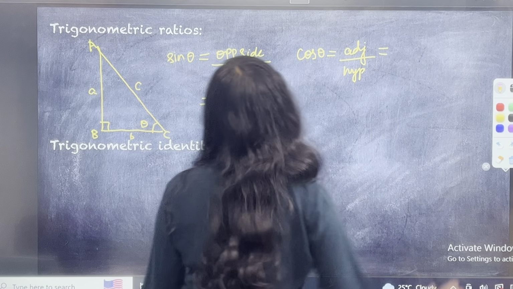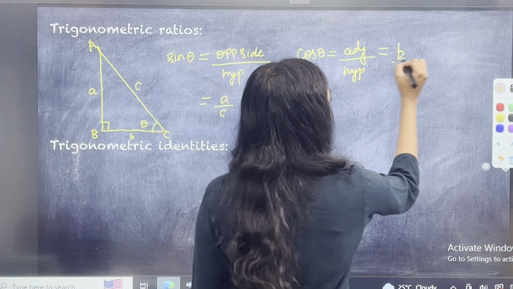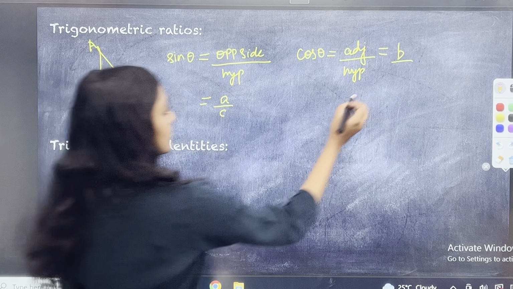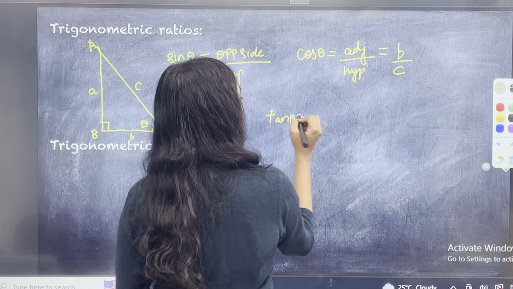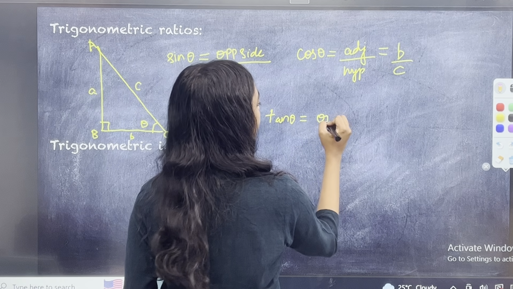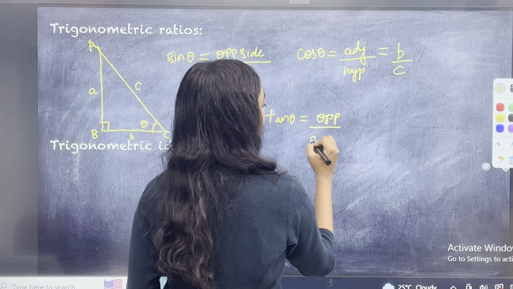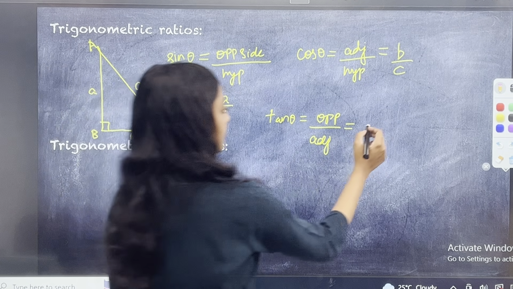Adjacent side to theta is B, so this is B divided by hypotenuse, which is C. Then you have your tan theta, which is opposite side by adjacent side, which is A by B.